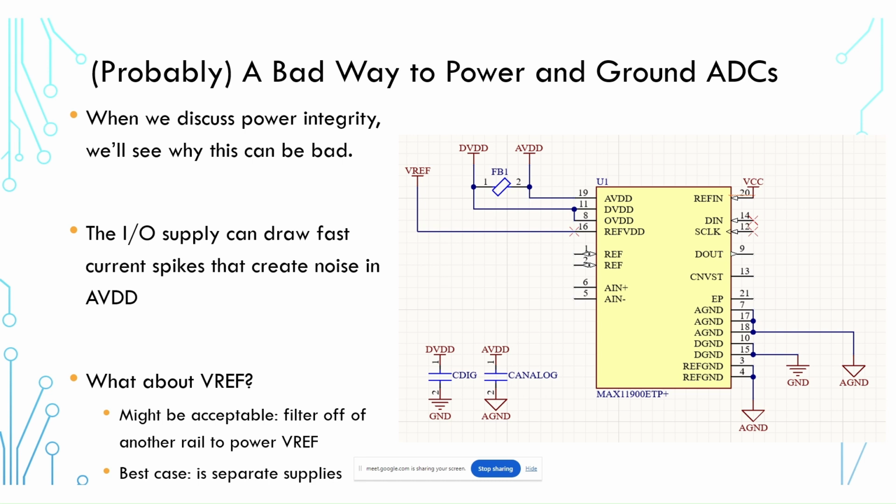One of the instances where you can probably get away with this, and it's worth inspecting this in simulation or measurement to check that you can actually do this, is the instance where this ADC is only reading a DC analog signal. So, for example, let's say you have a sensor, it outputs a DC voltage level, and that DC voltage level is being read by this differential interface. Well, in that case, your analog supply doesn't need to draw strong spikes of current.